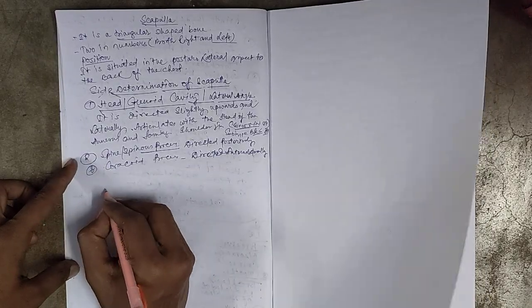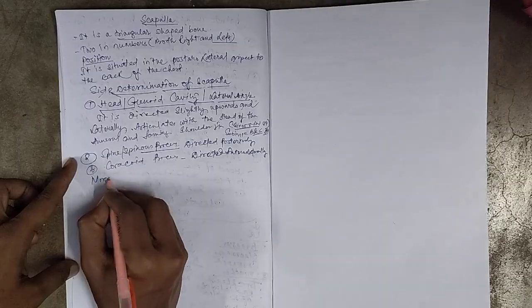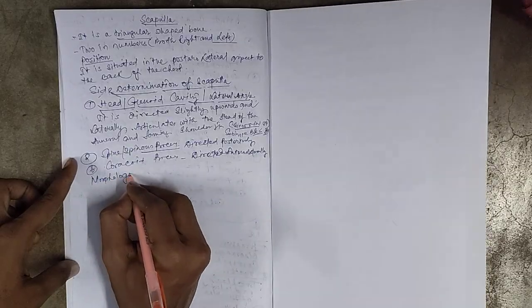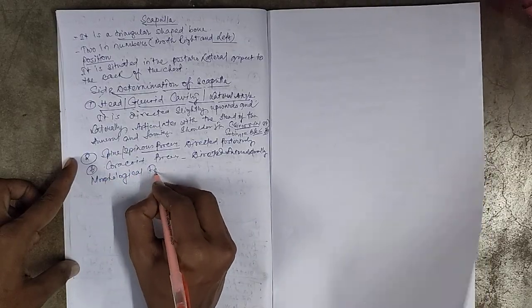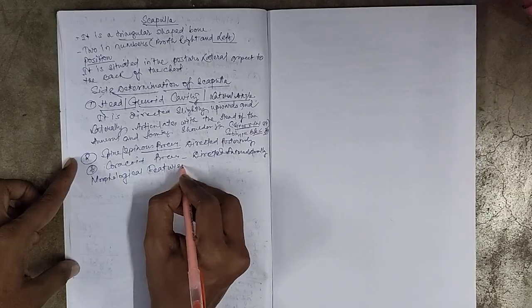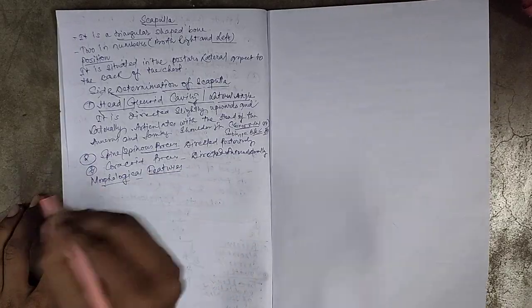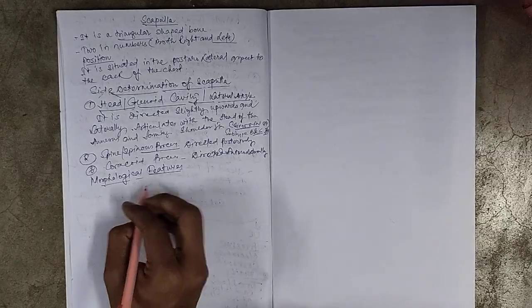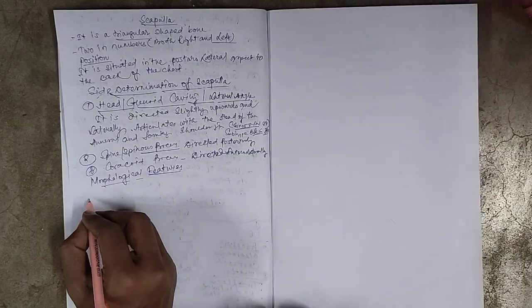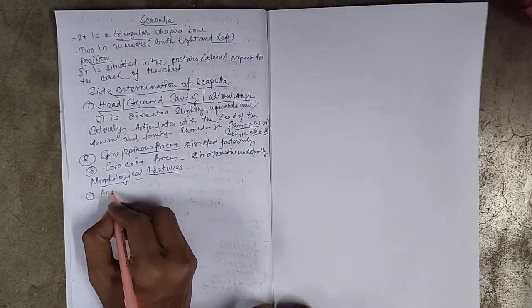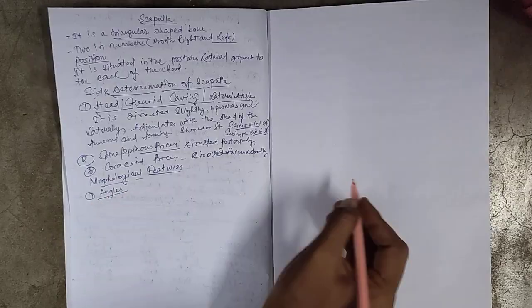Now, morphological features. There are some angles, borders and surfaces. First of all, we will start with the angles.